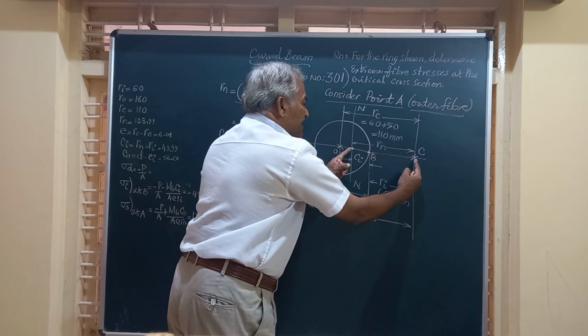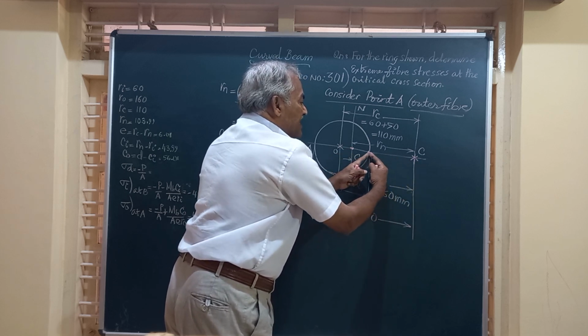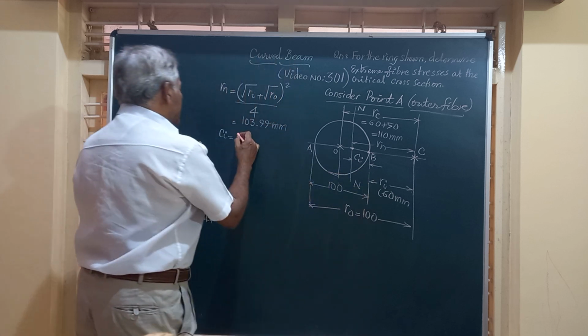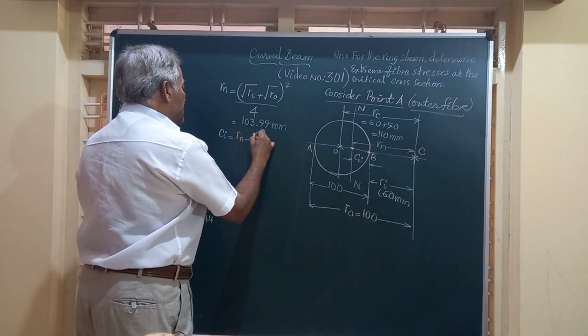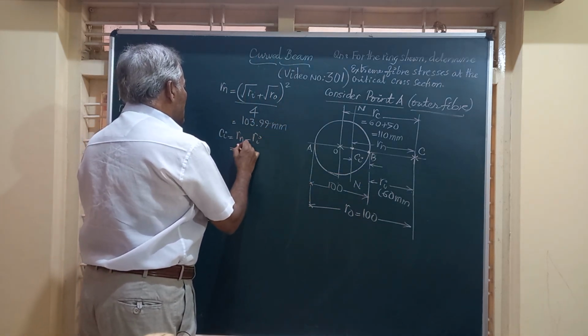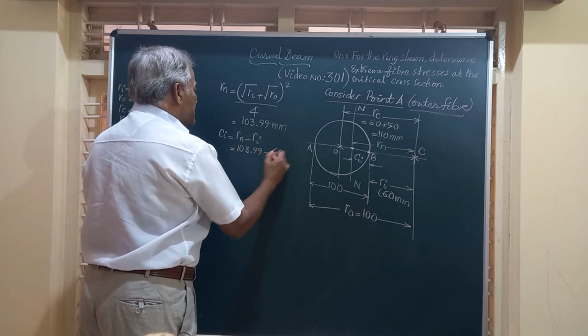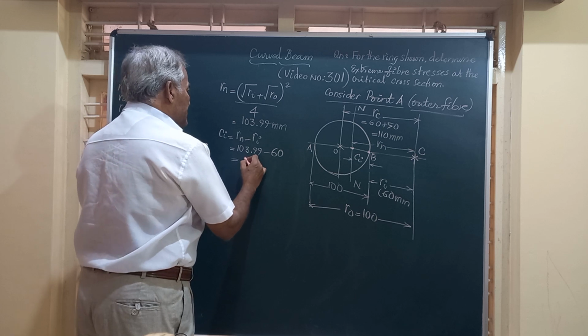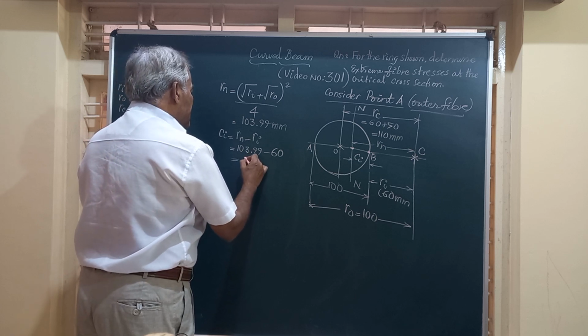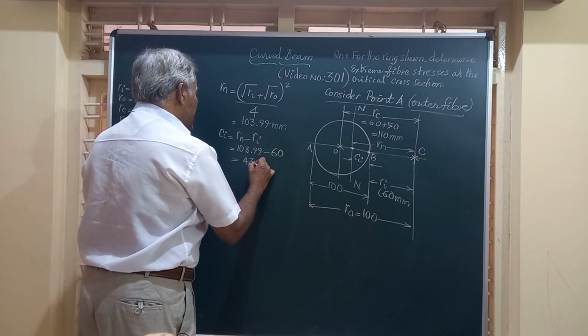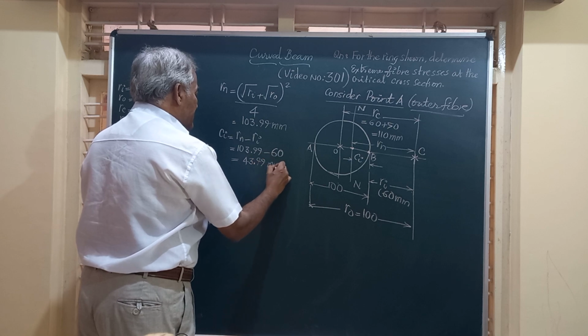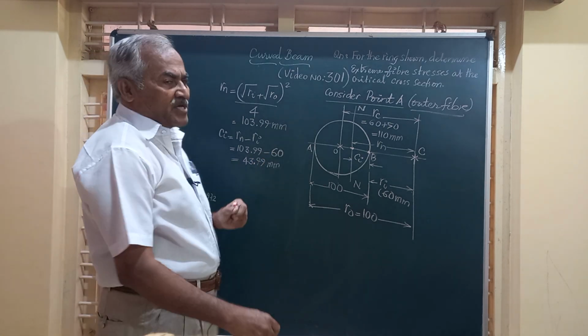From this Rn, if you subtract Ri, you will get Ci. Ci is Rn minus Ri. Rn is 103.99 and Ri is equal to 60, and you get this as 43.99 millimeter.